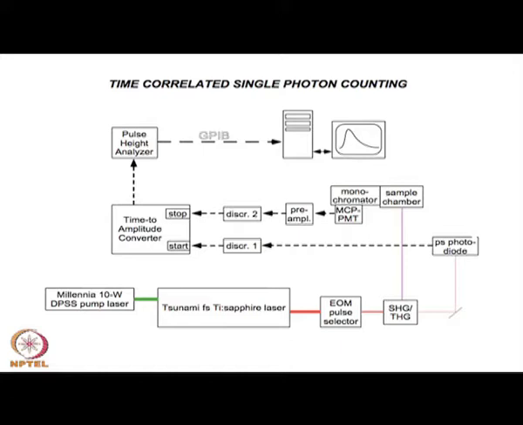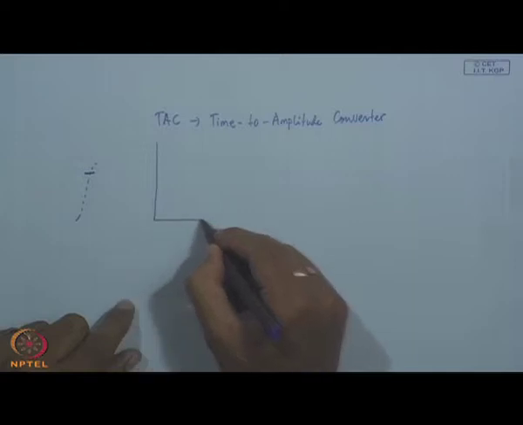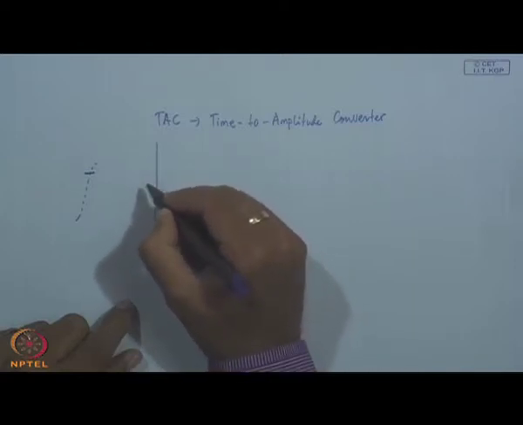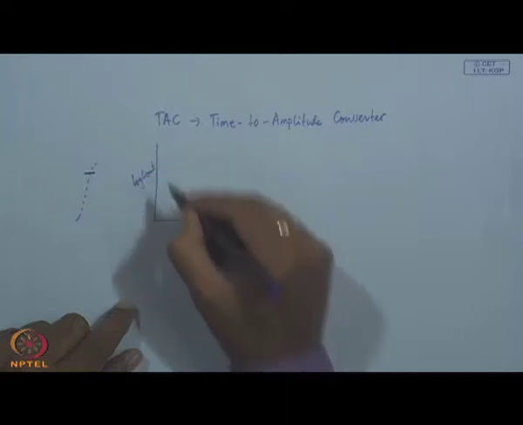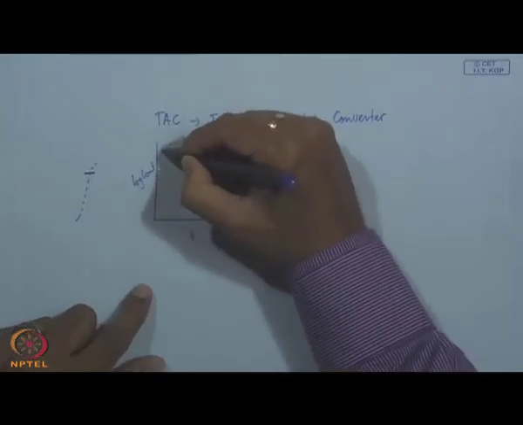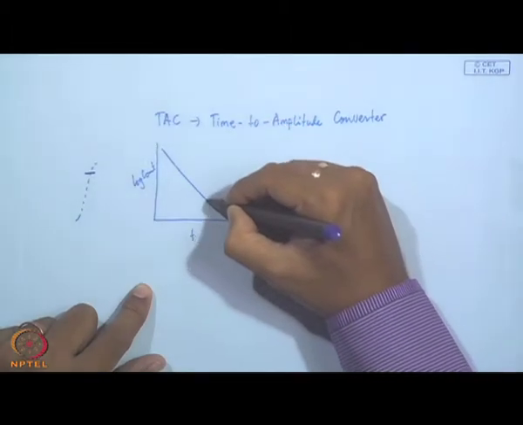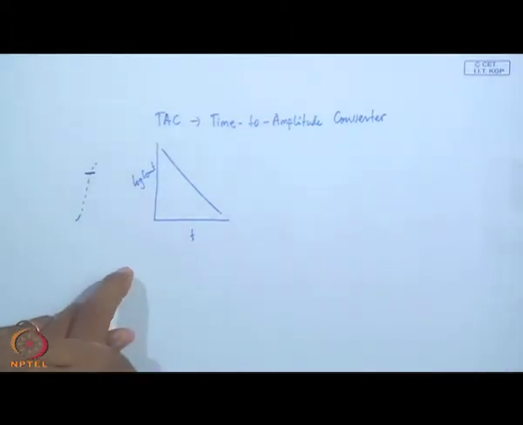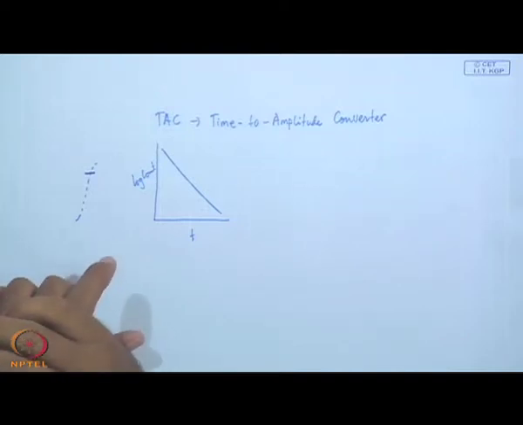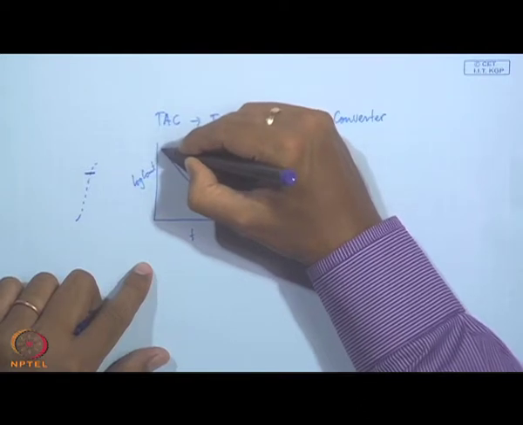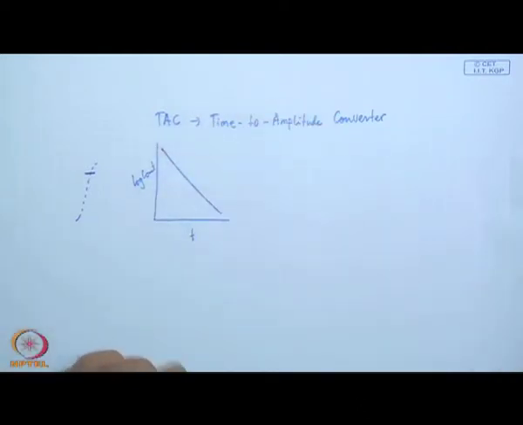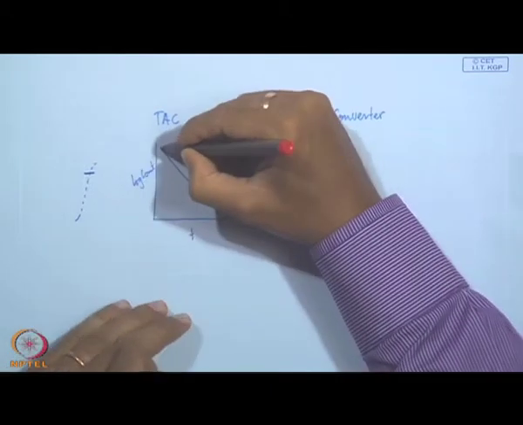The term single exponential means this: if you plot log count versus time, and if it is single exponential, then it will be basically a line. But if it is multi-exponential, then you may expect it to deviate from linearity.